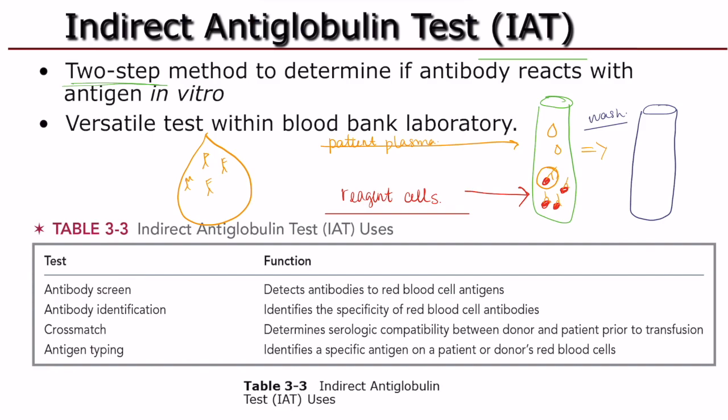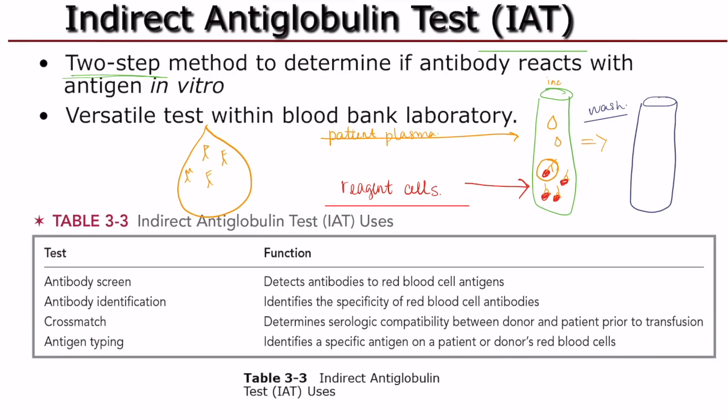So we add this, we incubate it, and then we wash the cells. In essence, when we are washing those cells, we are removing all of those other antibodies in here. Because if they stayed in there, they would neutralize and give us a false negative if we didn't wash.